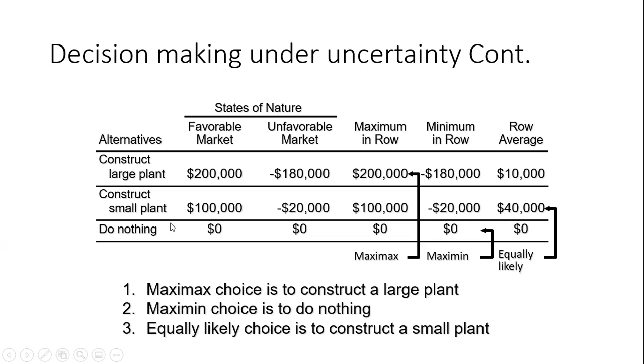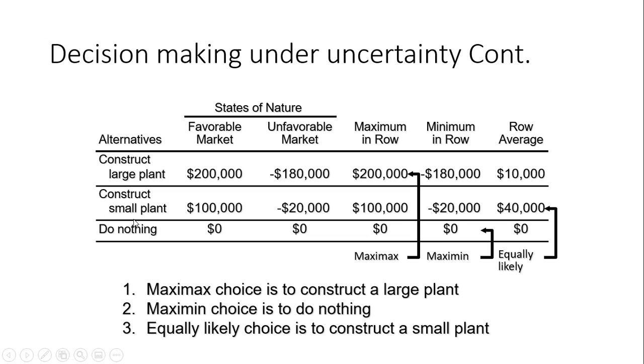For construct a small plant, the minimum value is negative 20,000, and you will write it in this column of minimum values in each row.